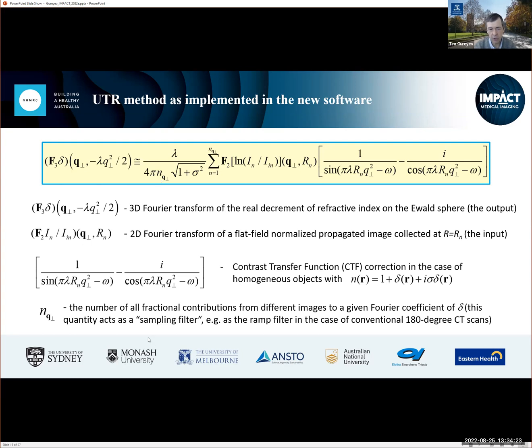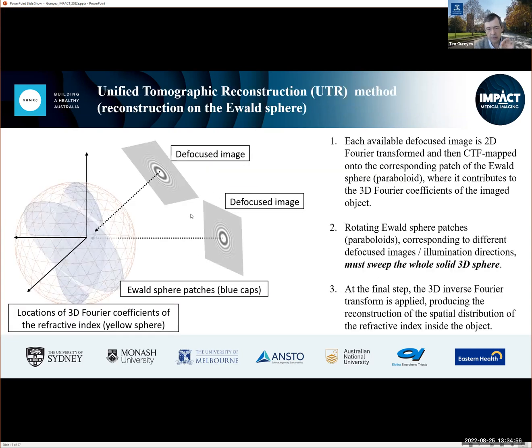And that actually corresponds in our current method to the so-called ramp filter. So the ramp filter, in the case of scanning around a single axis, appears in this new method automatically by means of these weighting coefficients. But this is completely flexible. You can have any arbitrary scanning geometry, and the corresponding sampling filter will be created automatically in the process of reconstruction. So again, the whole process is very straightforward.